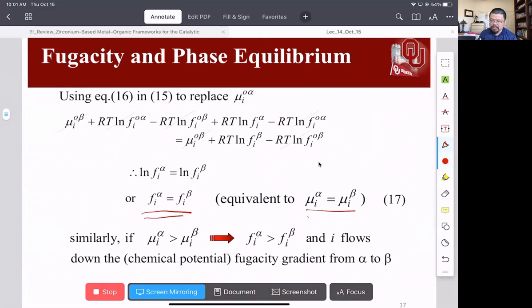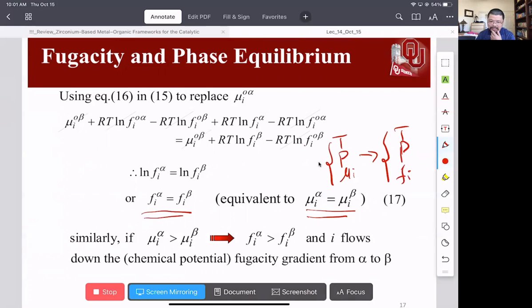When we use fugacity as a criterion, it is equivalent to the chemical potential. So now we can safely say this is T, P, and mu I of the criteria. Now we can use the equivalent T, P and Fi.